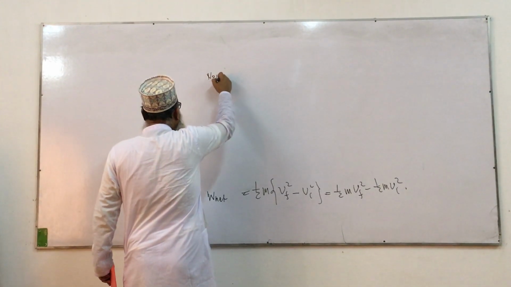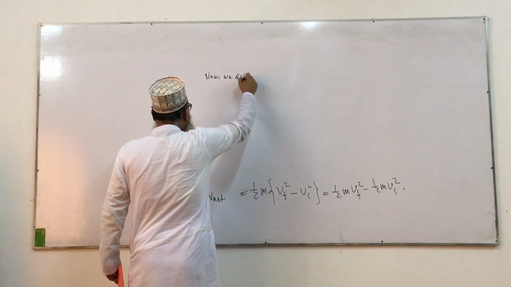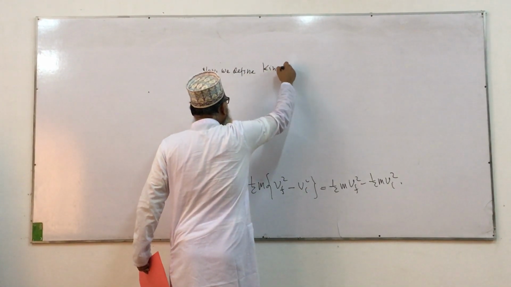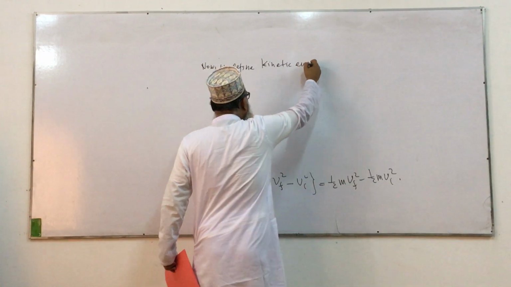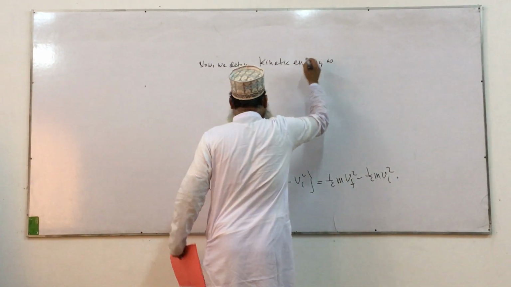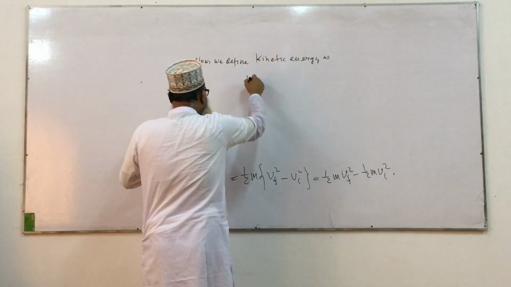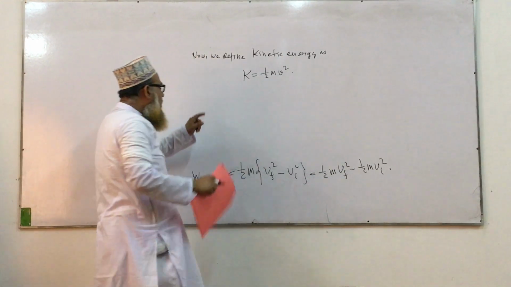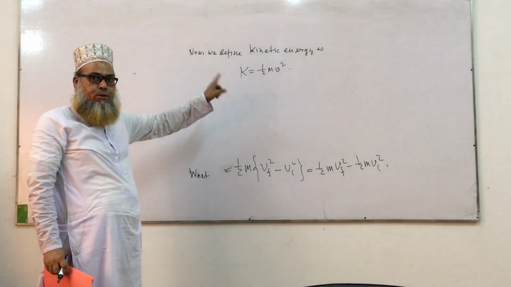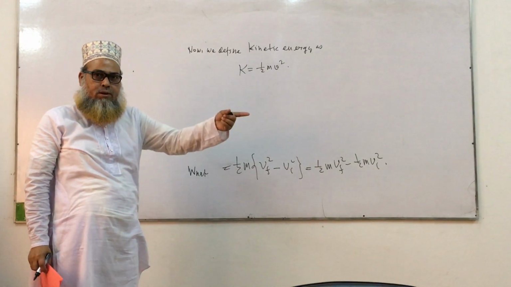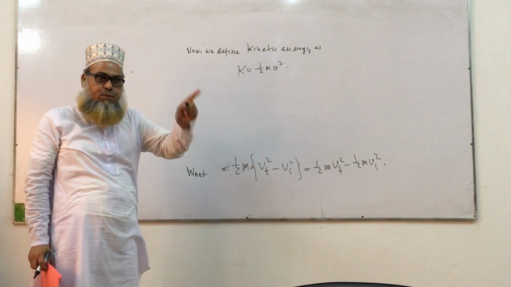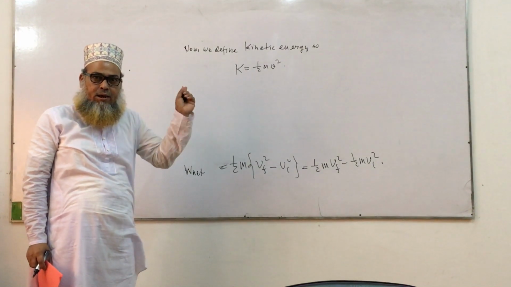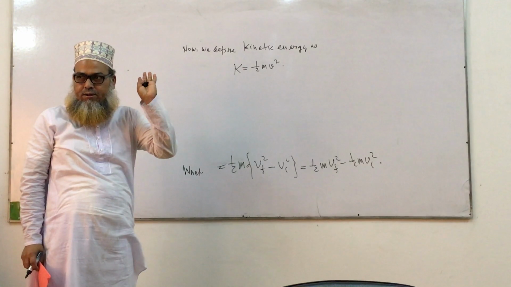Now we define kinetic energy as K equals half M V square. Here M is the mass of a body whose velocity is V. Then its kinetic energy is K equals half M V square.